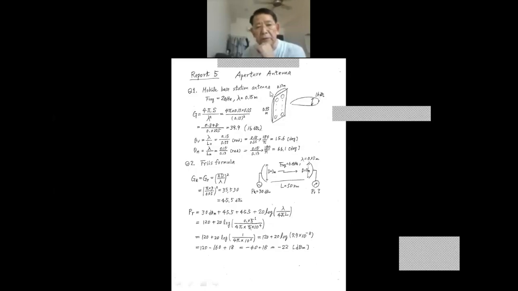S is the horizontal and vertical size multiplied. So put in the data, lambda equals 0.15, 4 pi divided by lambda squared, multiplied by horizontal size and vertical size. So this is S. Calculate this, it becomes 0.0225. This becomes 0.89.